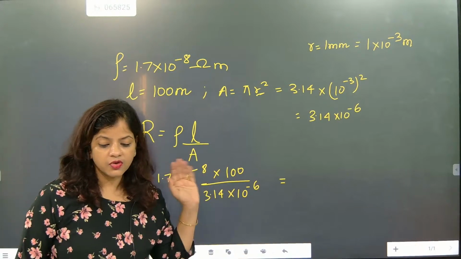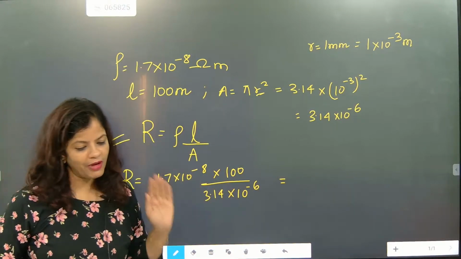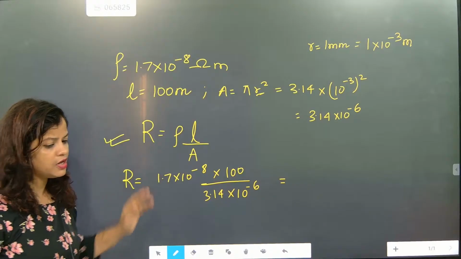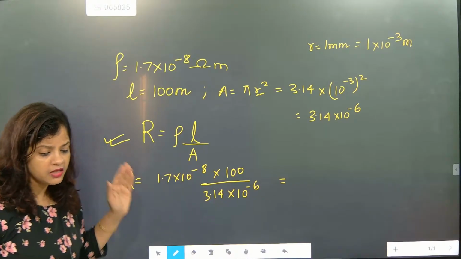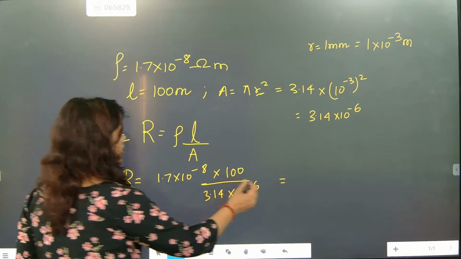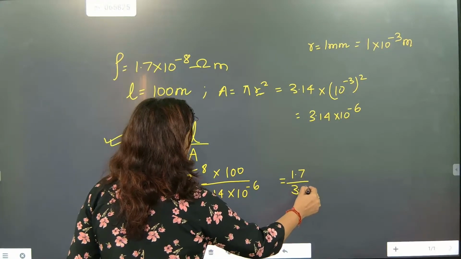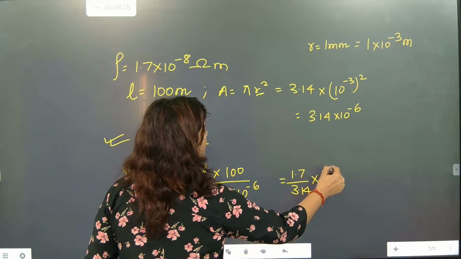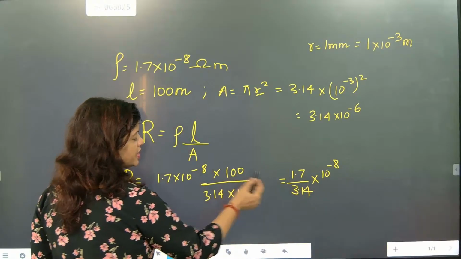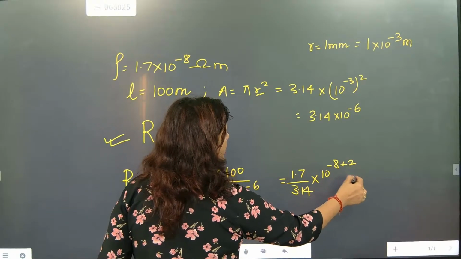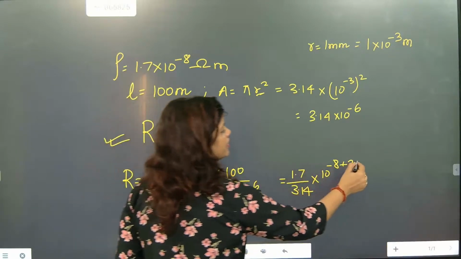So look here. The pi value you can take is 3.14. You remember this one. What is the pi value you are taking? 3.14. So here you have to do 1.7 by 3.14 into 10 to the power minus 8. This 2 is there, so it will become plus 2, and this 6 will go, it will become plus 6.